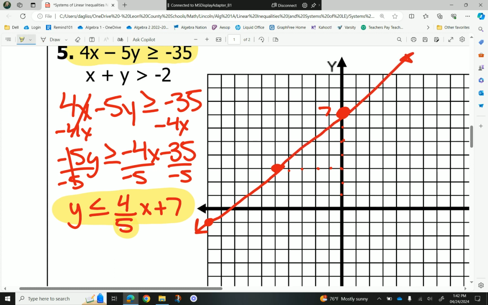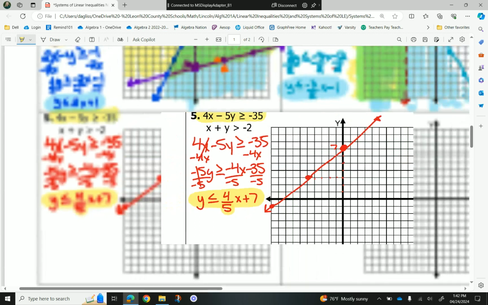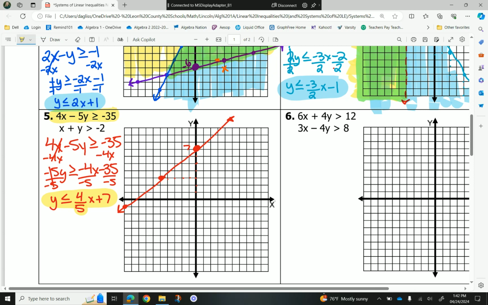And are we going to shade my y's that are less than or greater than the line? They're going to be less than. So all of my y values are underneath it. They are all smaller than the line. All right? Okay.